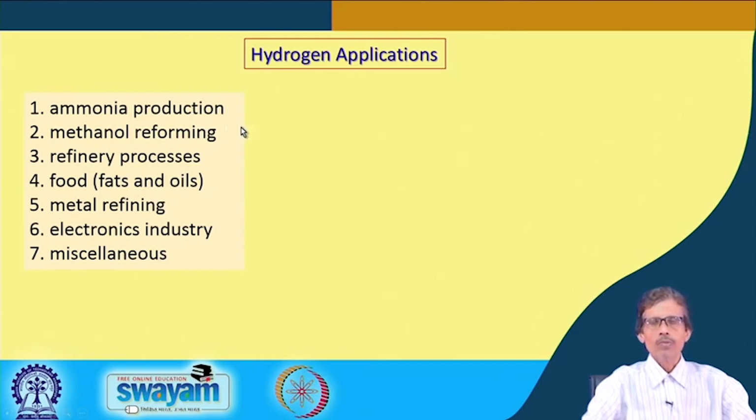The amount of nitrogen available from the atmosphere is plenty. We can have a huge amount of nitrogen in our hand, but we cannot convert it nicely for the production of ammonia as well as urea or any other ammonium based fertilizer such as ammonium nitrate.